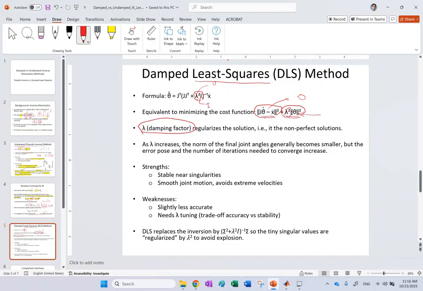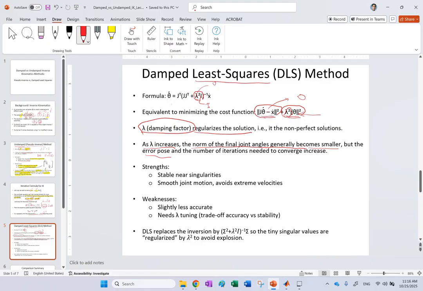The closer you make lambda to 0, the closer this method gets to the pseudo-inverse. The bigger you make lambda, the less accurate it becomes, but it typically is a little bit more stable, okay? So lambda is a regularization parameter. Now, what happens in the solution? As lambda gets bigger, the norm of the final solution, the norm of theta, becomes a little bit smaller, but never perfectly the minimum.